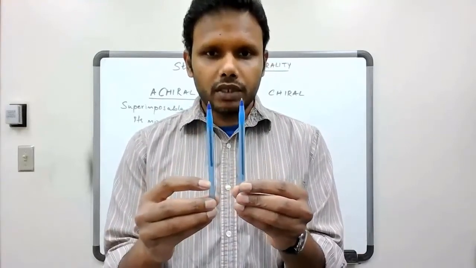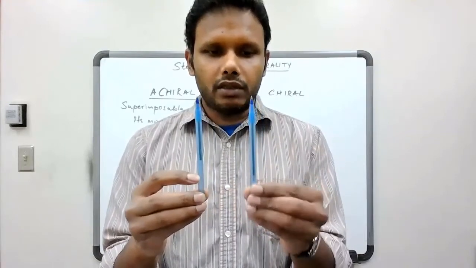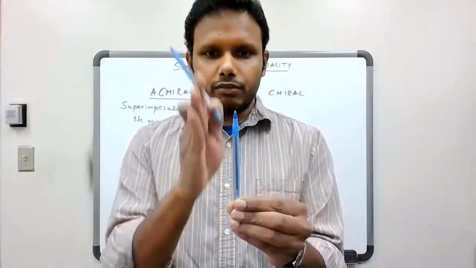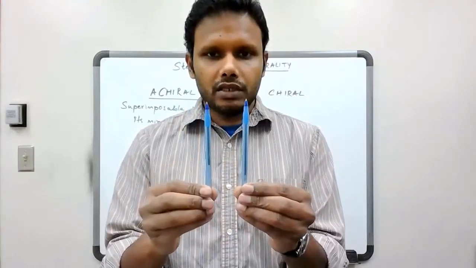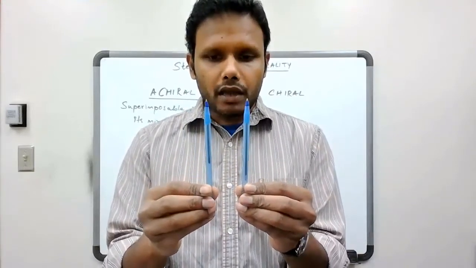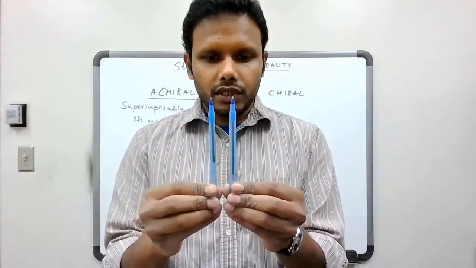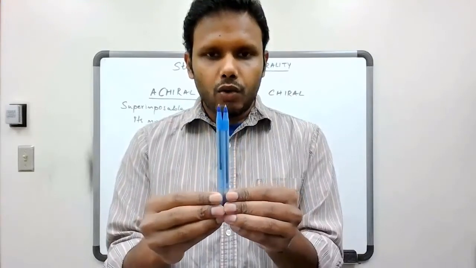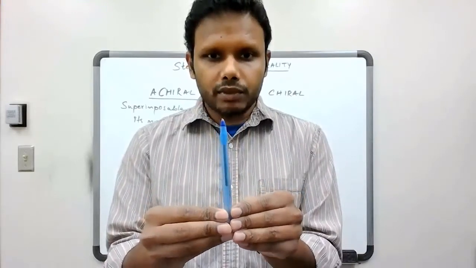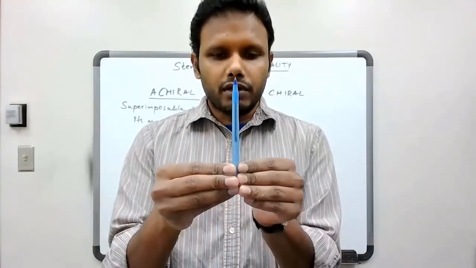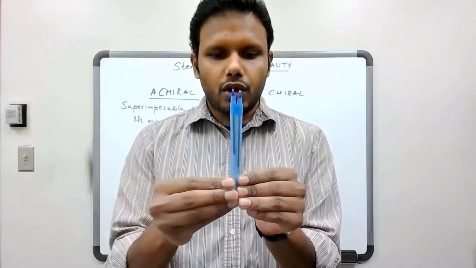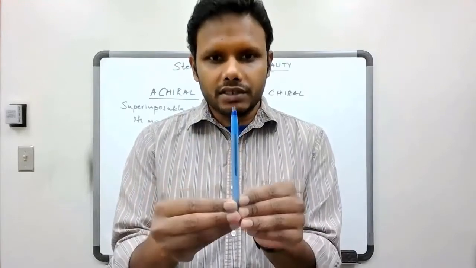But if we ignore the ink content and I hold this object in front of an imaginary mirror, I'm going to see its mirror image. Now I can take this mirror image and overlay it on the object itself.